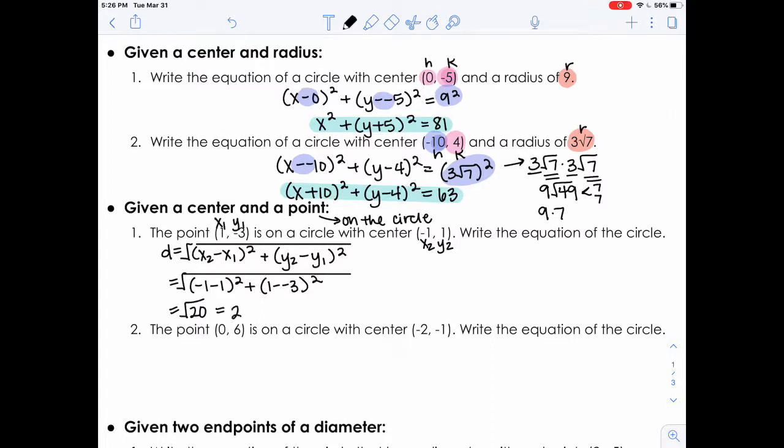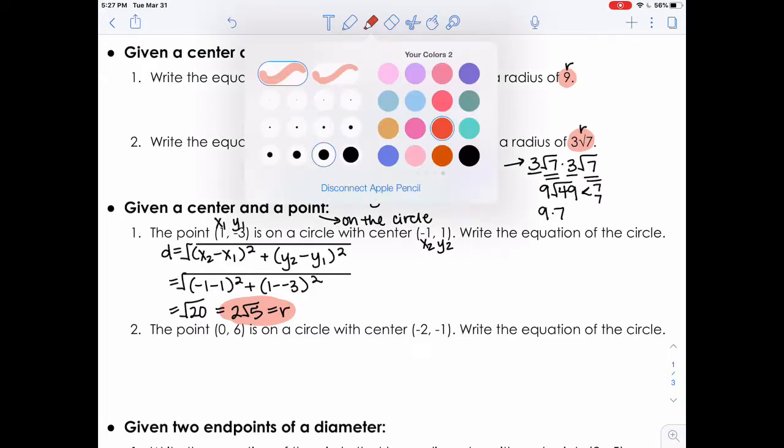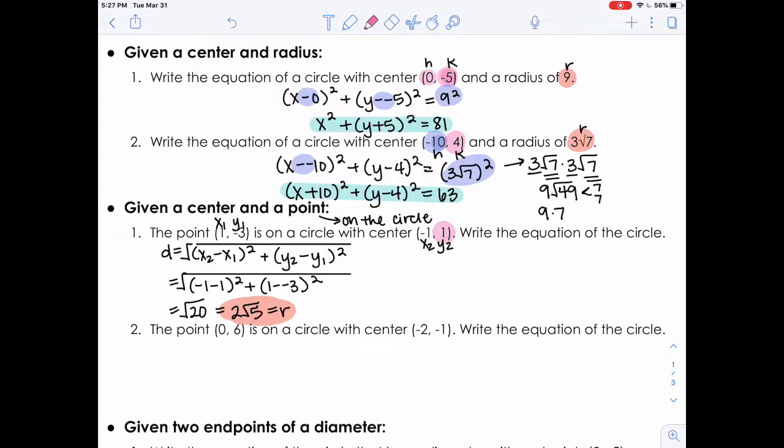Let's simplify if possible. So this is actually my radius. Although we found the distance, it actually is the length of my radius at the same time. So we're going to use that radius, and then we're going to use our center point that was given, which was this -1, 1 point. So I'm going to label with the colors that we used above.